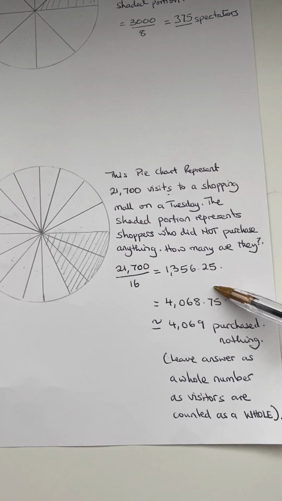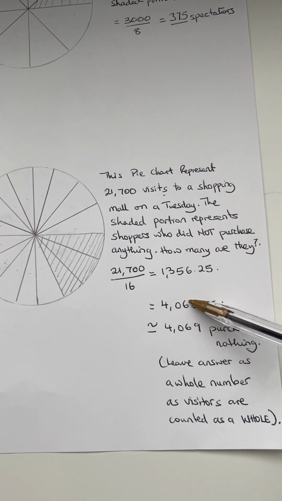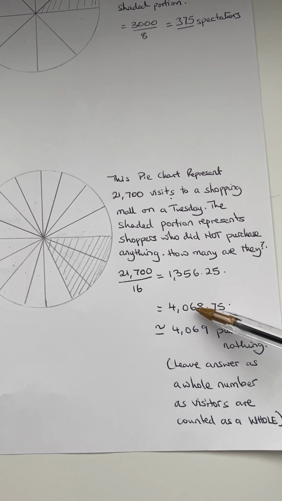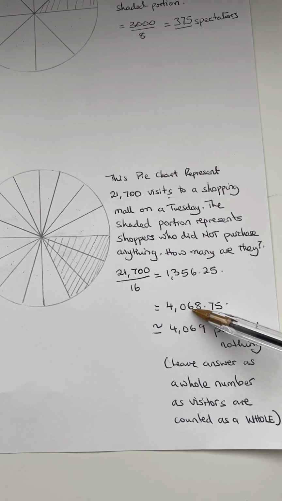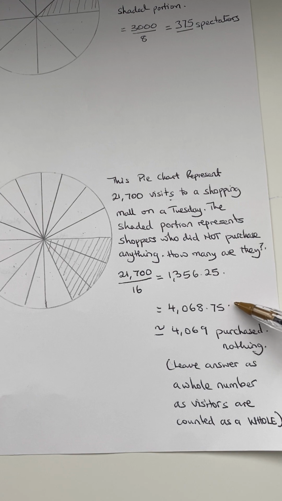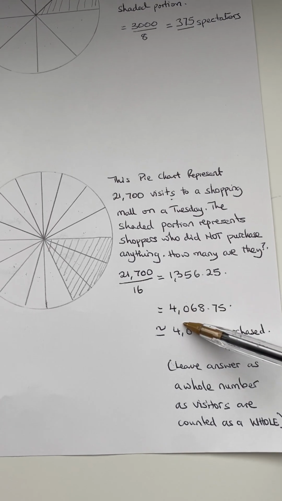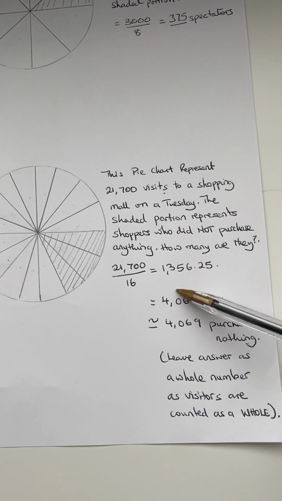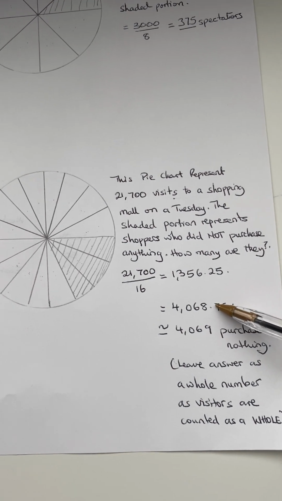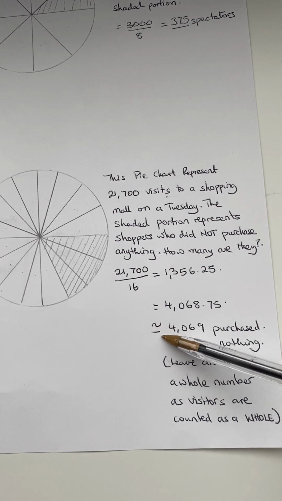Okay, these are visitors. Okay, so 4,068.75 is not right. I need to leave my answer as a whole number. Okay, so I've brought the approximation sign here.